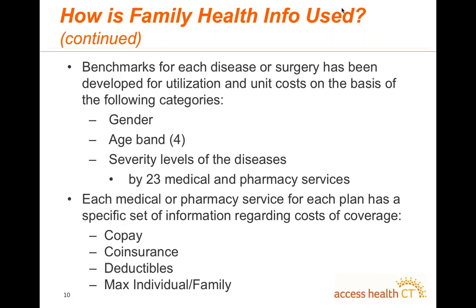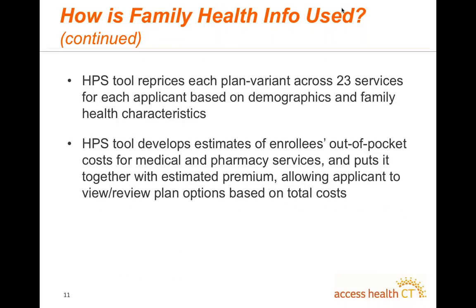As you know, these out-of-pocket costs, which are copay, coinsurance, deductible, and maximum, are much more generous when you have a gold plan versus a silver plan versus the bronze plan. In a bronze plan, you will see that the deductible is very high, the coinsurance is very high, so you will have to pay a lot upfront before you start getting the benefit. So this is the way of comparing across plans.